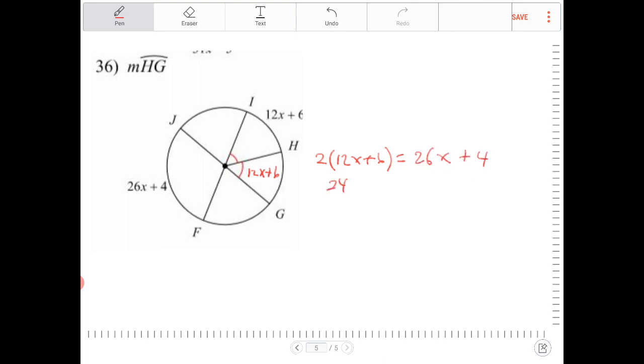So that would be 24x plus 12 is equal to 26x plus 4. Subtract 24x from both sides, I get 2x. Subtract 4 from both sides, I get 8. Divide by 2, x is equal to 4. If x is equal to 4, then HG will equal 48 plus 6, that would be 54.